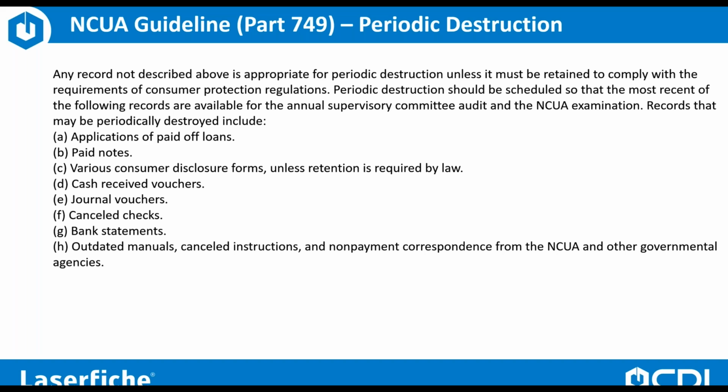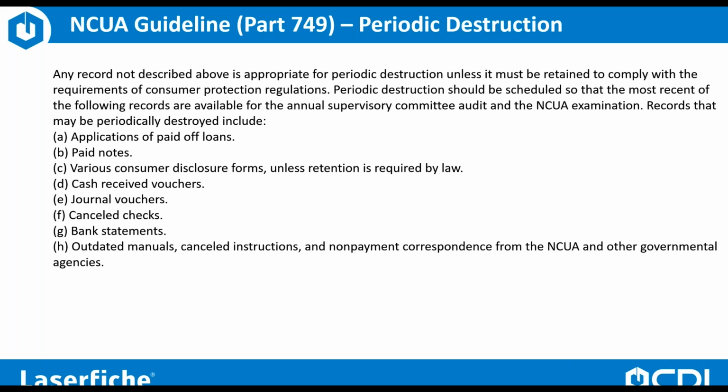So your retention policy will differ state to state. But here are some recommendations from the NCUA. Applications of paid off loans, paid notes, disclosure forms, cash received vouchers such as receipts, general journal vouchers, canceled checks, bank statements, any outdated manuals or canceled instructions, correspondence, and other things can all be destroyed.